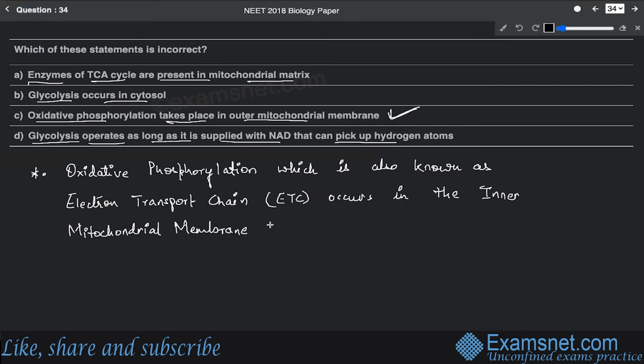And the reason for this is that this ETC is usually composed of complex proteins, which are usually protein molecules. So those complexes need support for holding up in the membrane or for carrying out their function. So that's why they are basically found in the inner mitochondrial membrane.